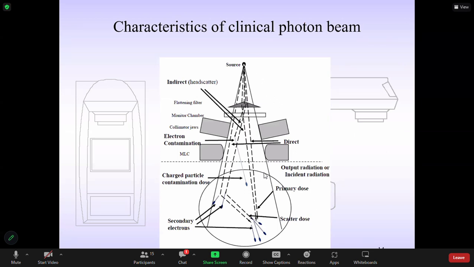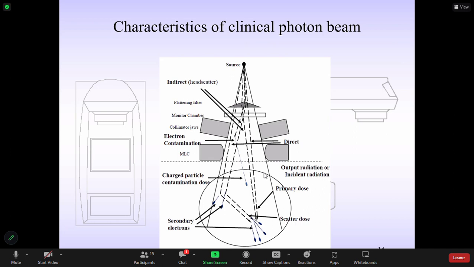We have the source, and then we have the flattening filter, and then we have the ion chamber. The flattening filter is to make the beam flat. Then the ion chamber, each machine has an ion chamber.